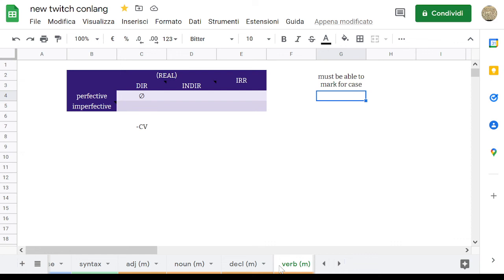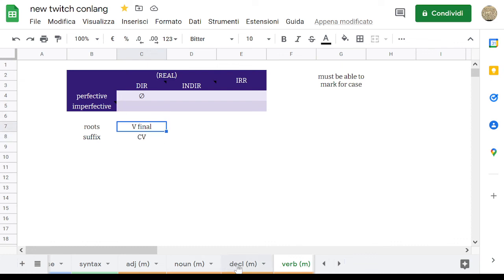So I probably would want, if my roots are ending in vowels, then my suffixes for these different aspects and moods will need to contain a consonant and a vowel so that it can then take the consonant of the case if it's a noun clause. So I might want my roots to be vowel final.